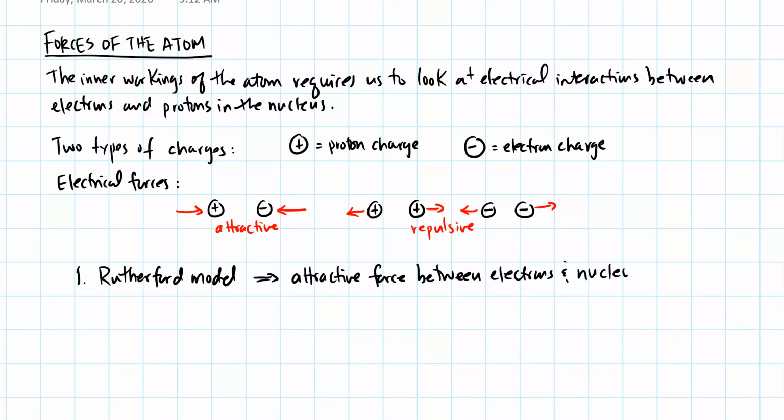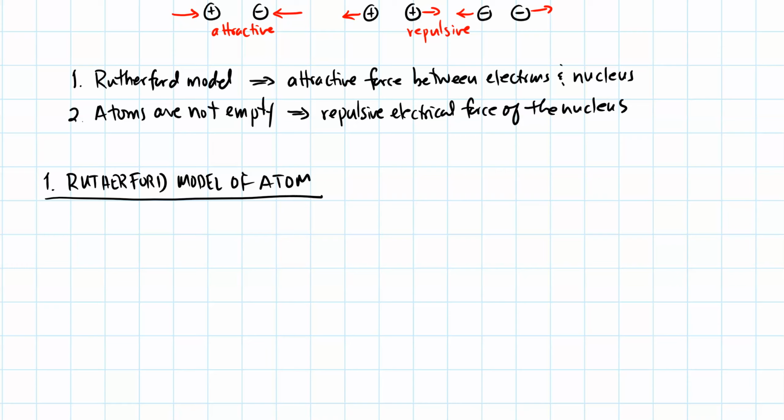The first model of the atom was given by Rutherford in 1910, and this model is also known as the planetary model.